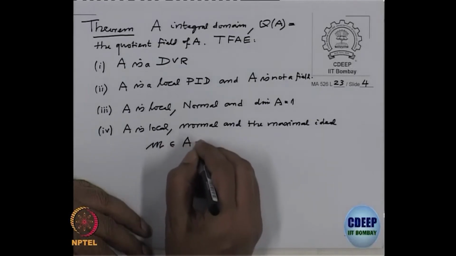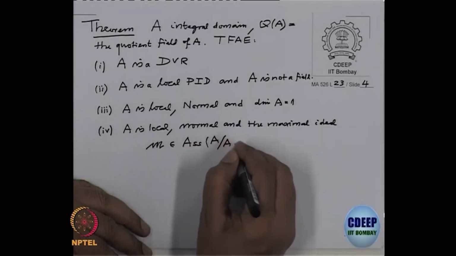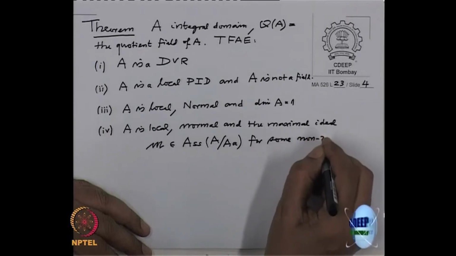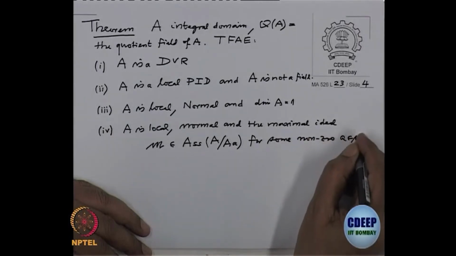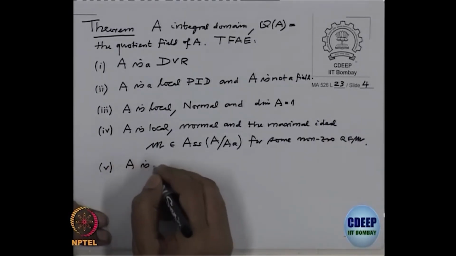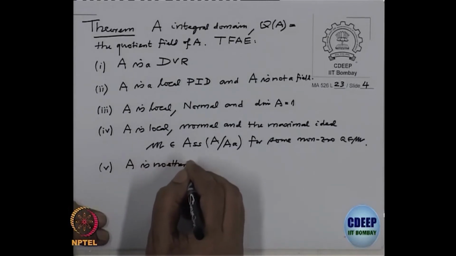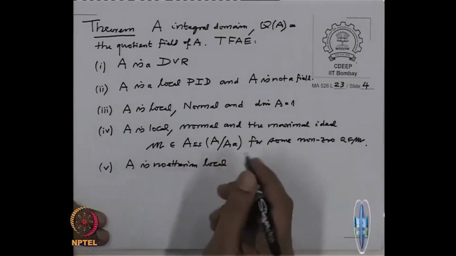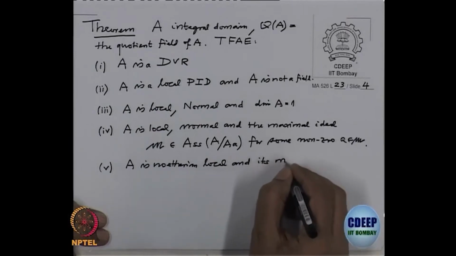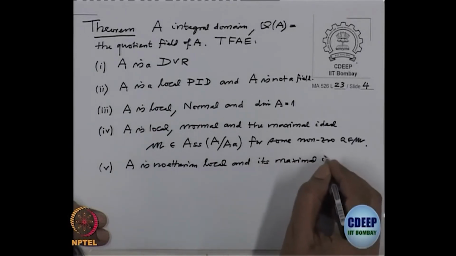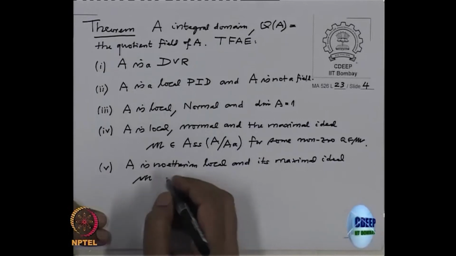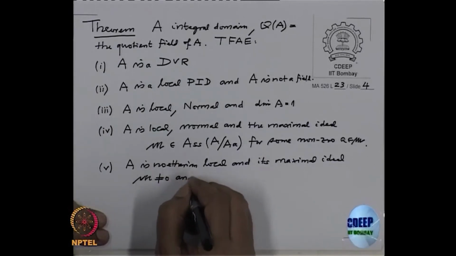That is, M belongs to the associated primes of A/(a) for some non-zero a in M. Five, A is Noetherian local, and its maximal ideal M is non-zero and principal.